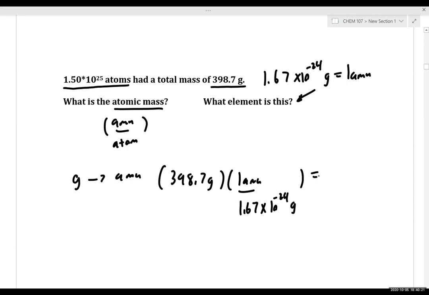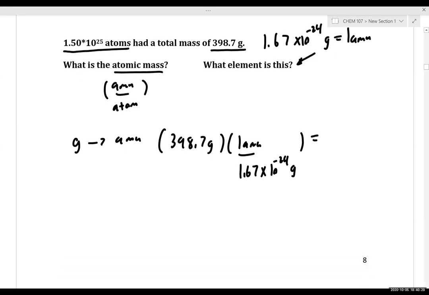Punching this into our calculator, we get 2.387 times 10 to the 26th AMU.